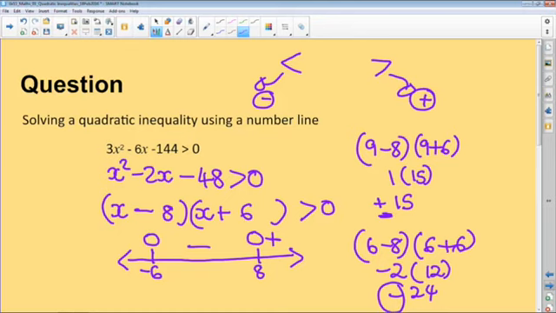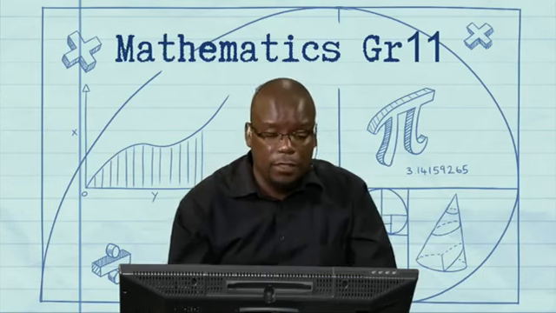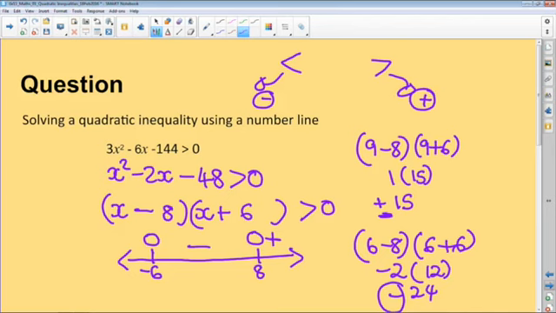From negative 6 going that direction, we're taking numbers less than negative 6. So I'm going to take negative 7. If you put negative 7 there, you'll get a negative number. Then if you put negative 7 here, you still get a negative number. So negative times negative, you get a plus. That's where our concentration is.